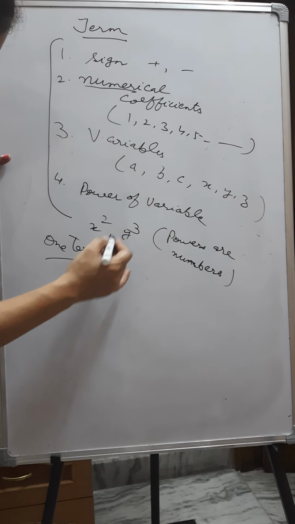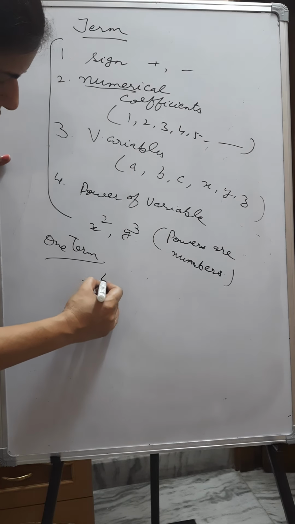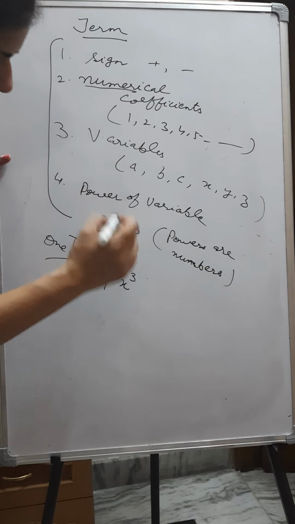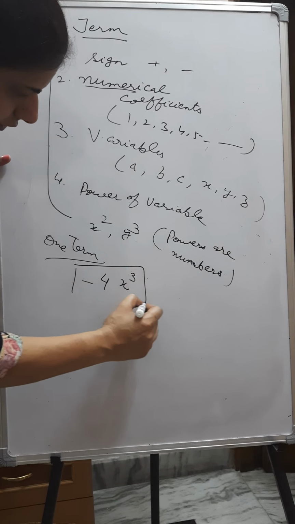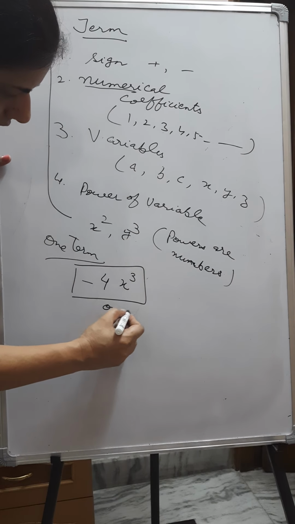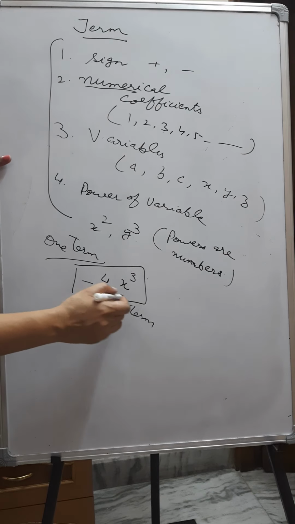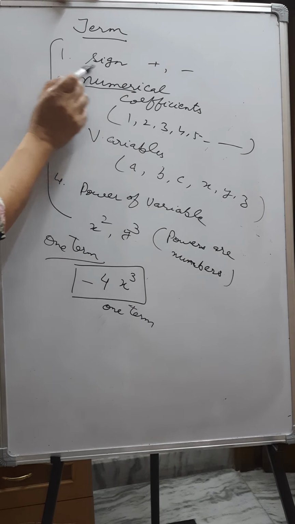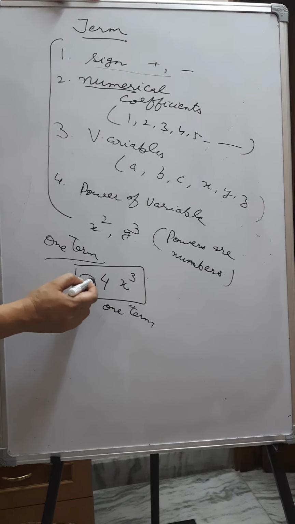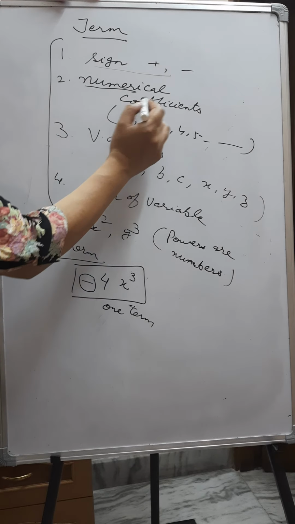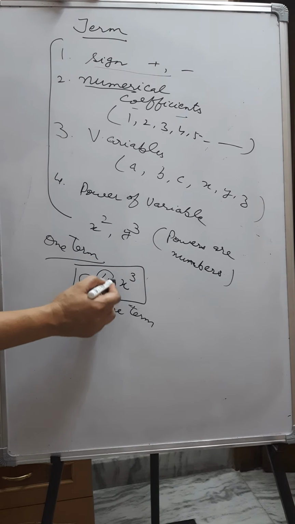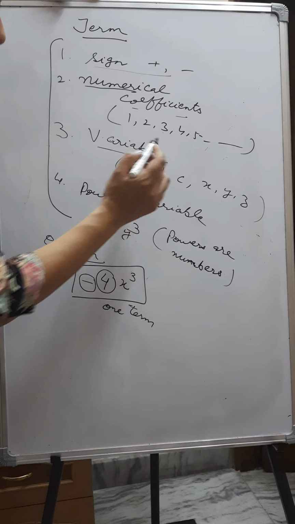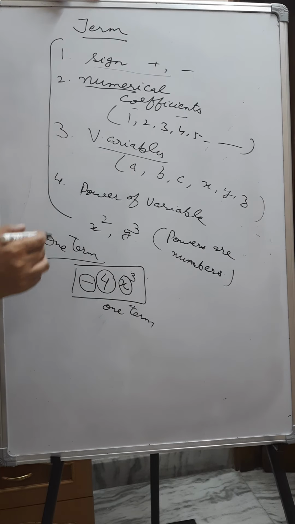Let us suppose I take minus 4x cube. This is one term. It consists of, first, the sign minus. Second, the numerical coefficient is 4. Third, the variable x is there.